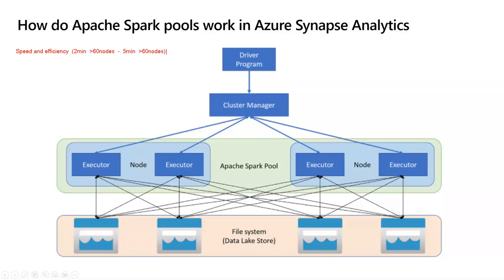So again, that means if you have fewer than 60 nodes, to launch your workload, 2 minutes. I mean, it's great performance. And if you have 60 of those nodes or more, then it takes you 5 minutes to launch your workload and spin it off.